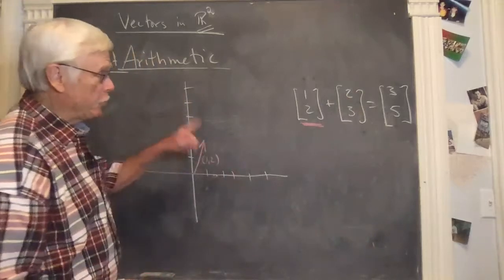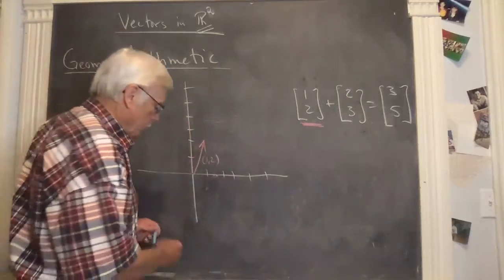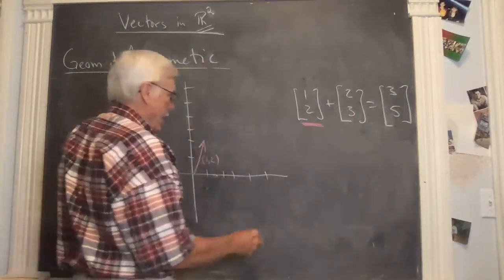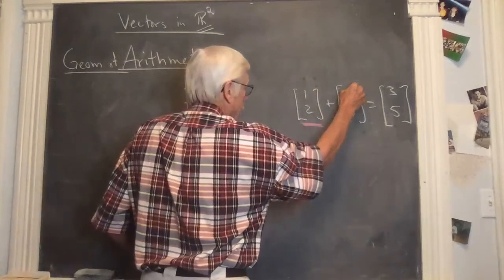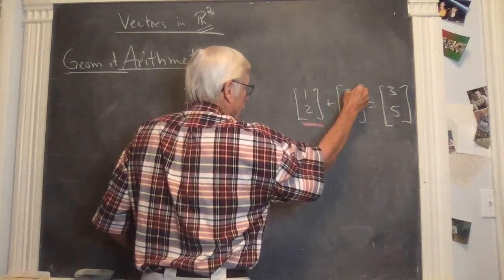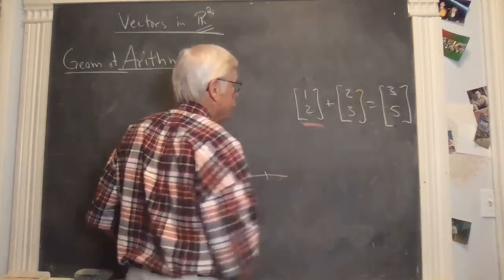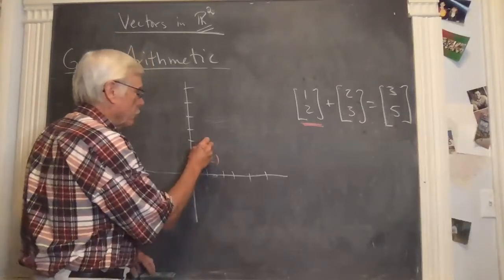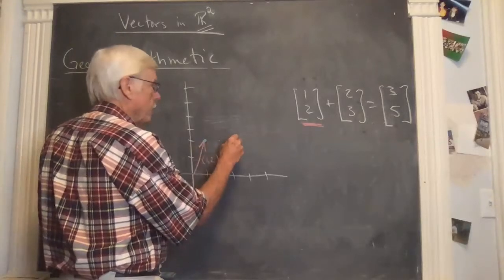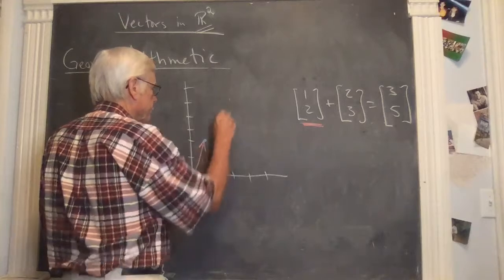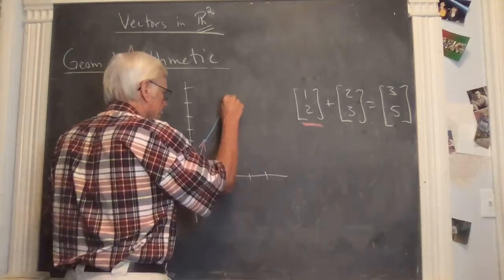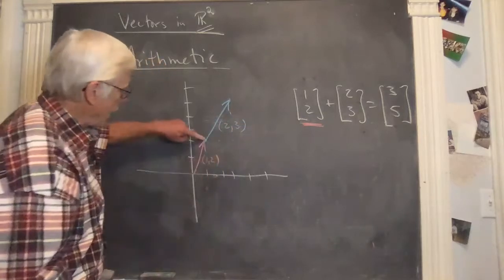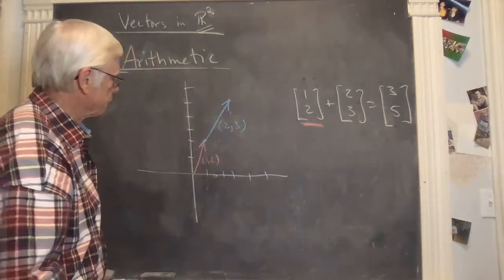And in order to add 2, 3 to this geometrically, we will take the head of 1, 2, namely the point 1, 2, and that will be the tail of 2, 3. So we begin at 1, 2, and we'll go 2 units in the x direction, and 3 units up. So this is the vector 2, 3, but with the head here and the tail here.